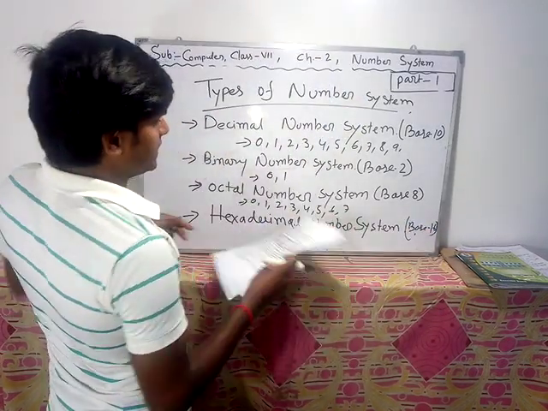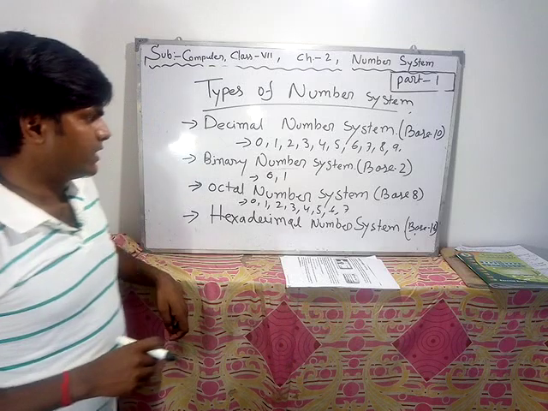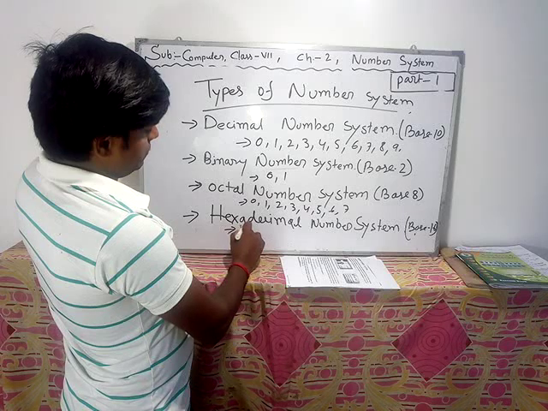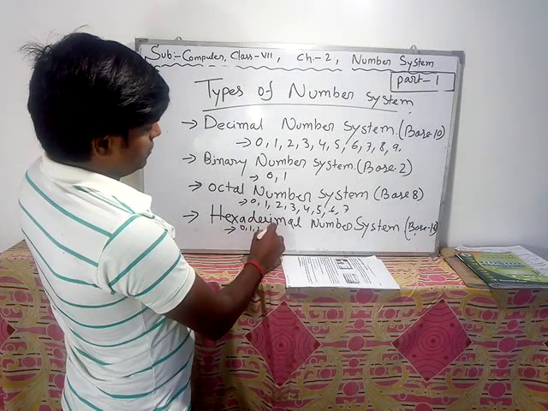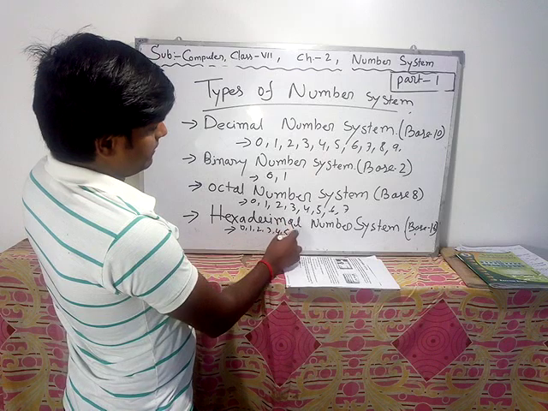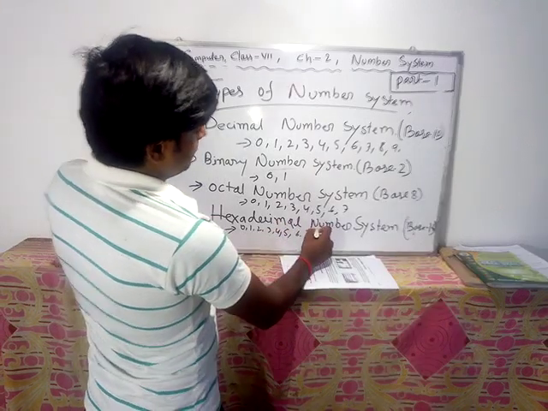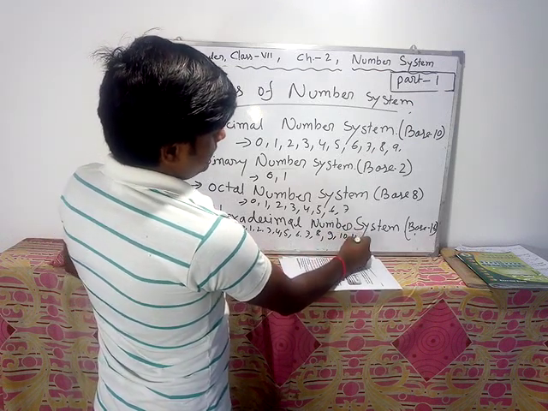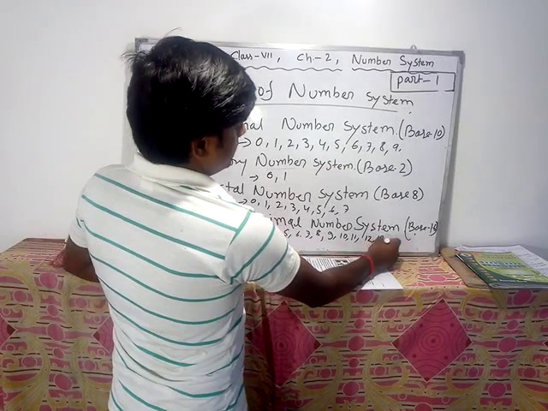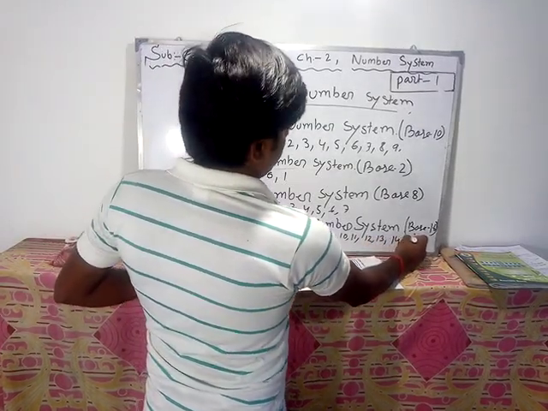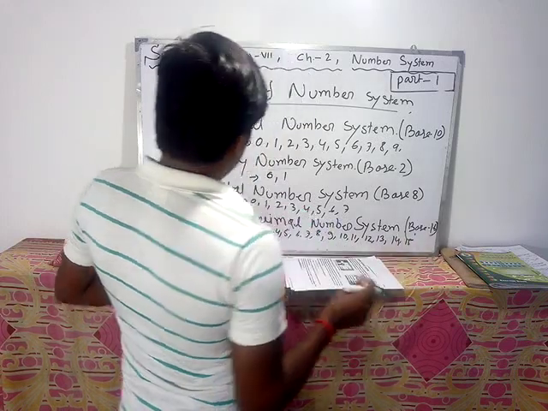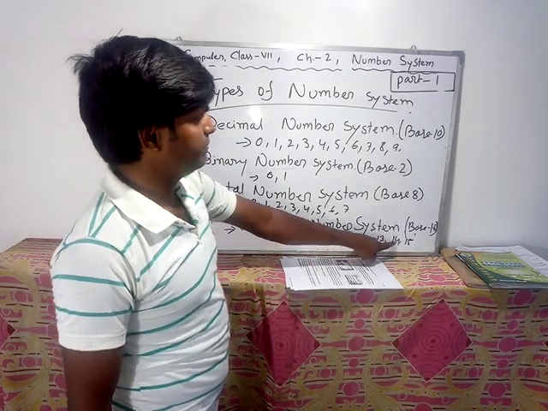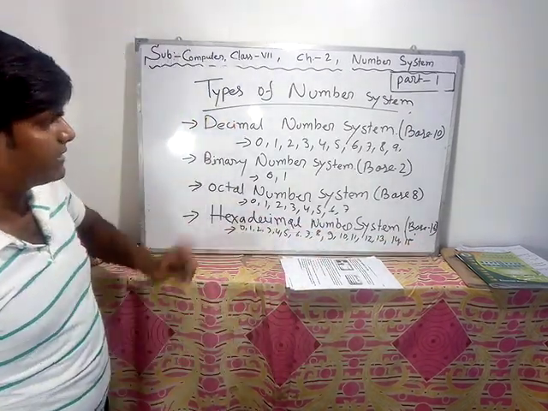And it has 16 digits: 0, 1, 2, 3, 4, 5, 6, 7, 8, 9, 10, 11, 12, 13, 14, 15.